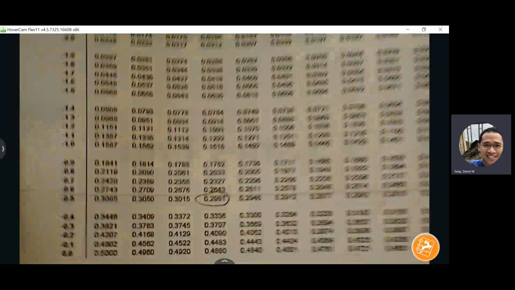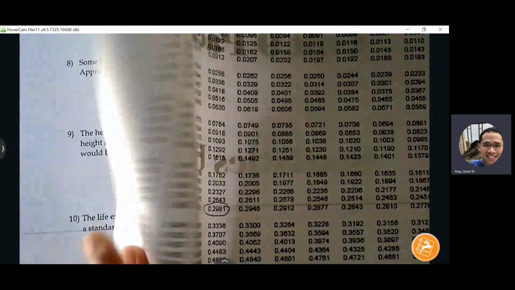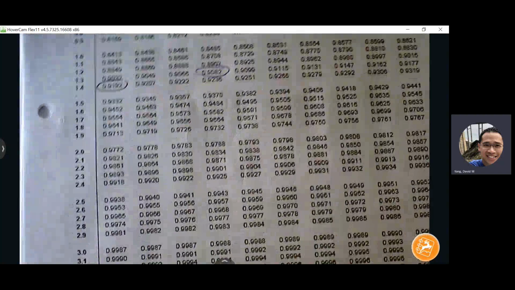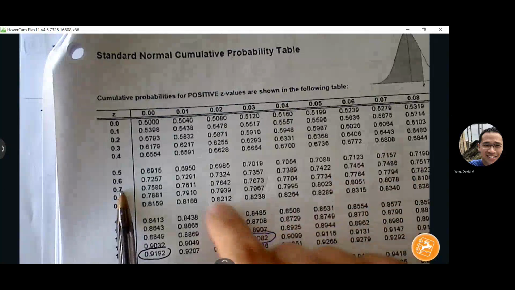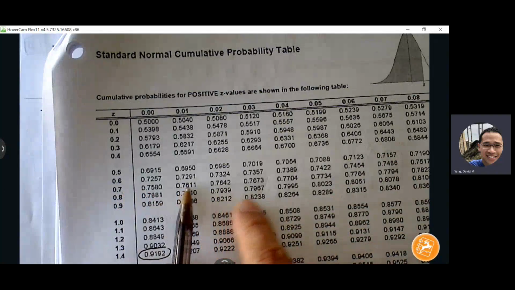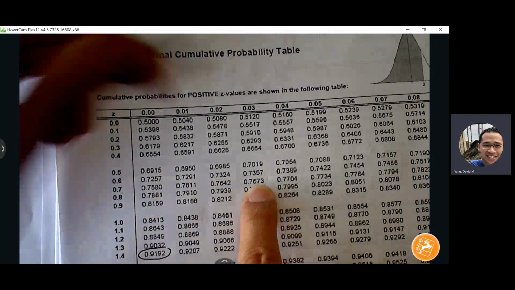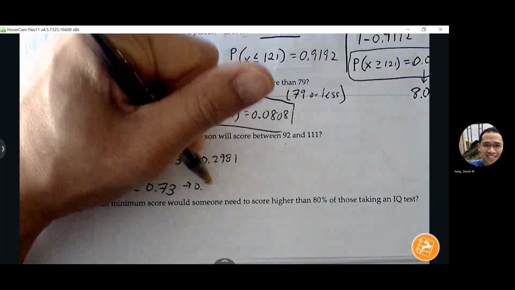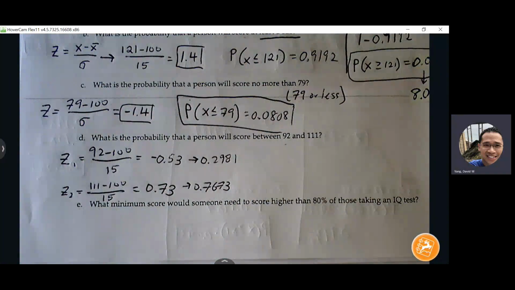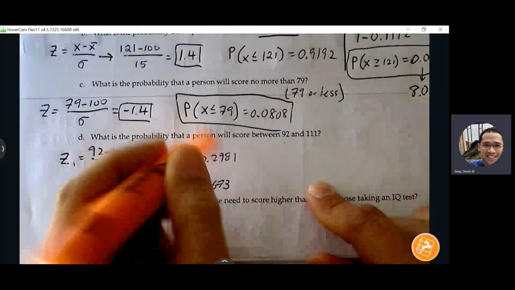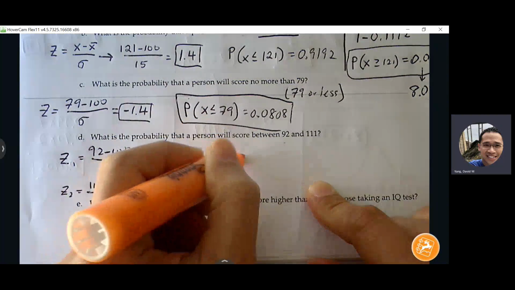Okay, for the 111, that's positive 0.73. So when we look on page 3, 0.7, 0.71, 0.72, 0.73. So now that I'm sitting at my probabilities, I can subtract these, and that will give me my answer for what's between.